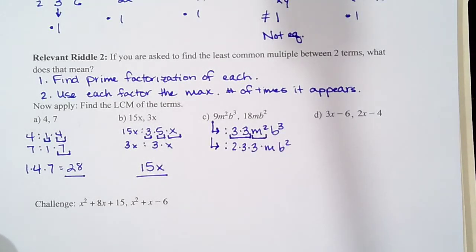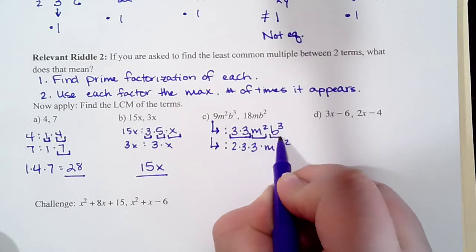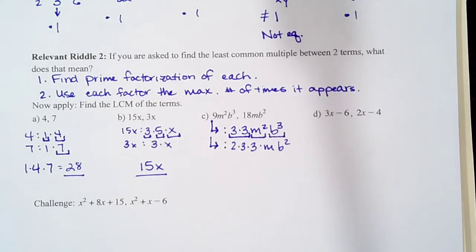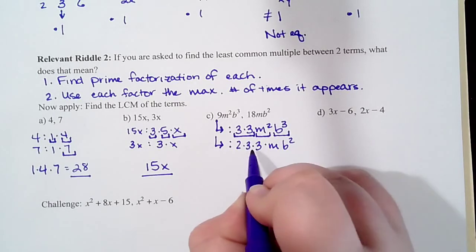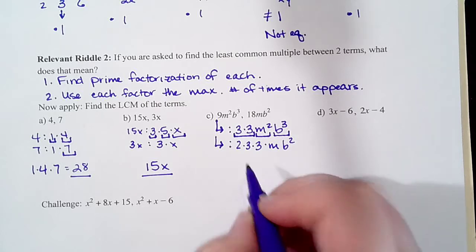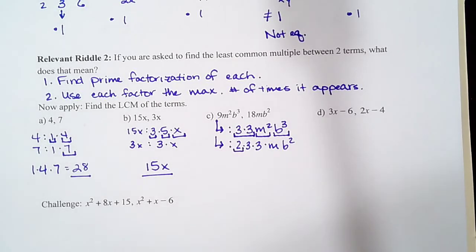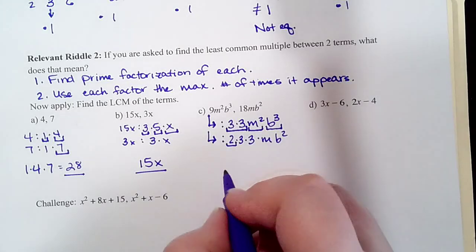That is the max number of times it appears, so I'm going to take that. For my b, the max number of times it appears is 3, because 3 is bigger than 2. So I've now accounted for my 3's, my m's, and my b's. The only thing I have not taken account for is this 2. So this explains how I have taken the max number of each.